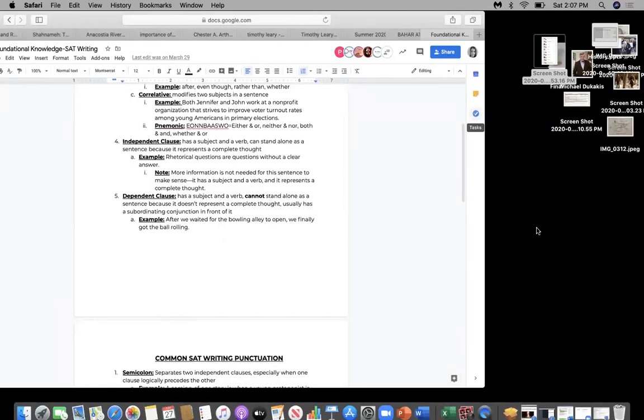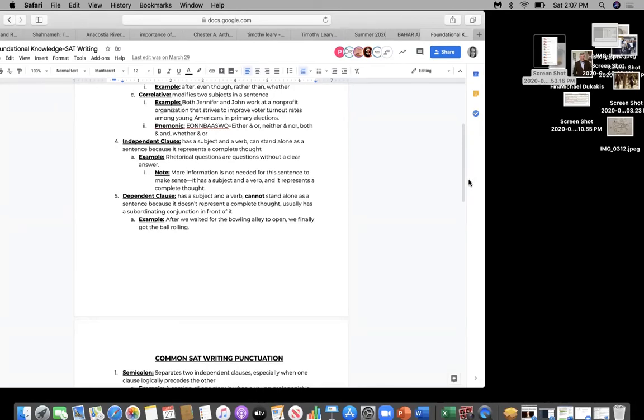Exactly. Yep, it can stand alone as a sentence. It's going to have a subject and a verb, and it represents a complete thought. So I give this example: Rhetorical questions are questions without a clear answer.